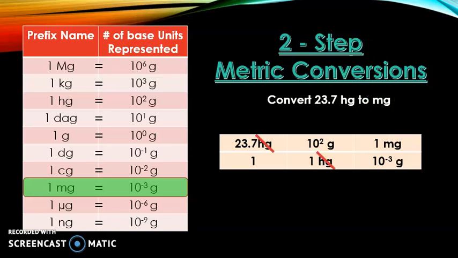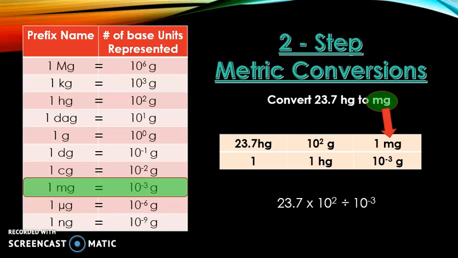So first off, I can see that hectograms has crossed off. Next, I can see grams have crossed off, and that leaves us with milligrams in the top last box. That's how I know that I'm done. Now down to the bottom, I threw a text box in there for you for what I'm going to plug into my calculator. So because the 23.7 and the 10 to the second are on the top, I'm going to multiply them together.